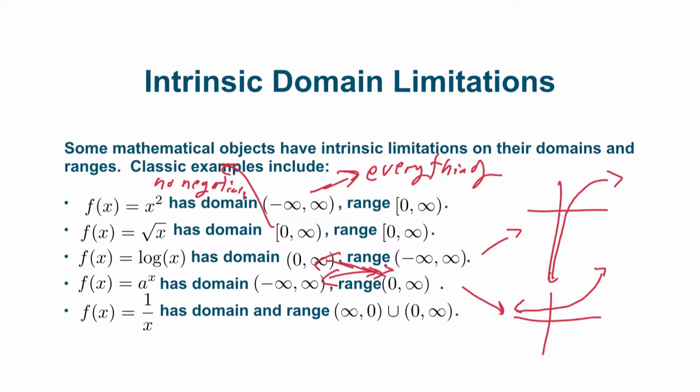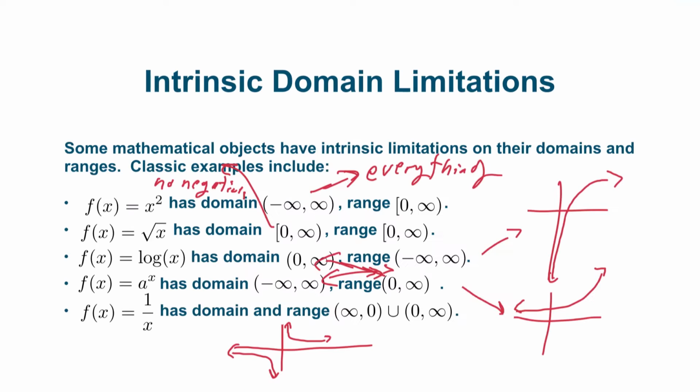Lastly, we'll look at a function that has kind of a more interesting restriction on its domain and range, the function f of x equals 1 over x. So this function looks like this. Now, I clearly have a restriction in the domain. Why? What would prevent me from allowing a certain point into the domain?